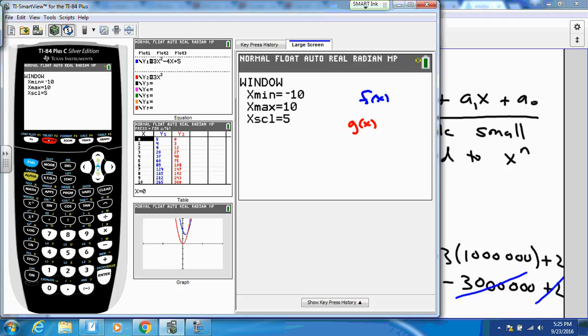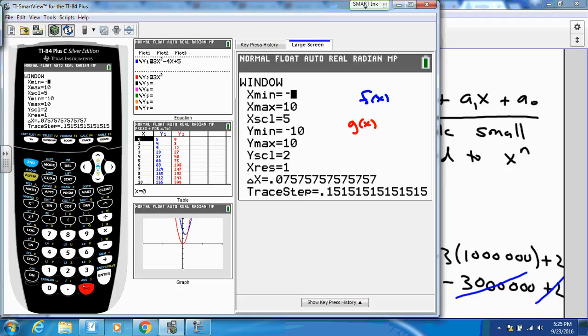But now if I zoom out so that I look at very large x's, for example, x's between negative 1,000 and positive 1,000, and keep in mind that for a mathematician, that's a medium-sized number. And we need to make our y values larger too, so you can see what's going on here.